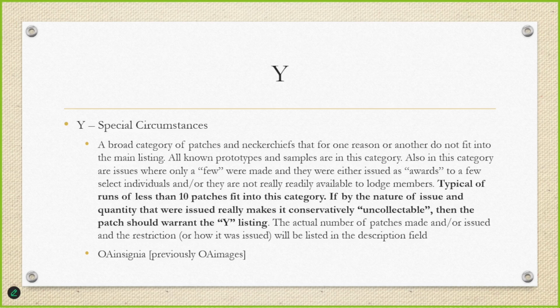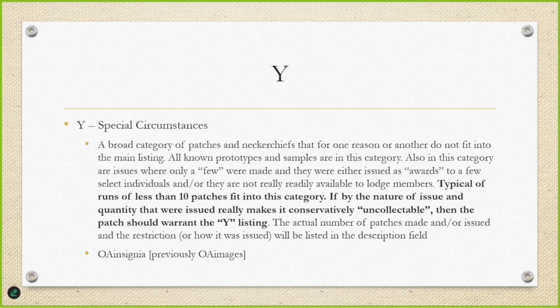So this is kind of ambiguous. They narrowed the definition by taking out the K and the U, but then they also expanded the definition by including these small production run issues. It's not very clear. And I think all of this is confusing enough to me, let alone to a new collector. And that's how I always look at it.